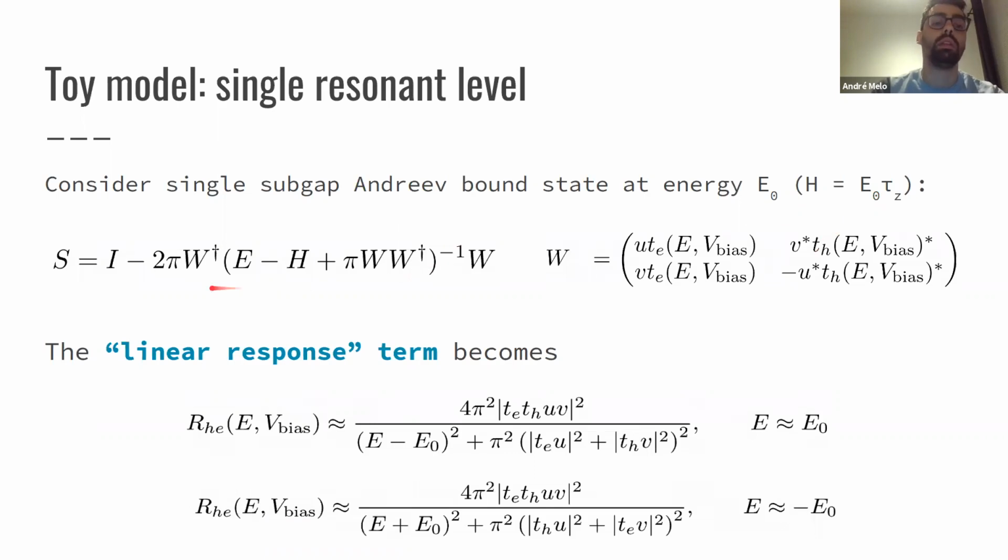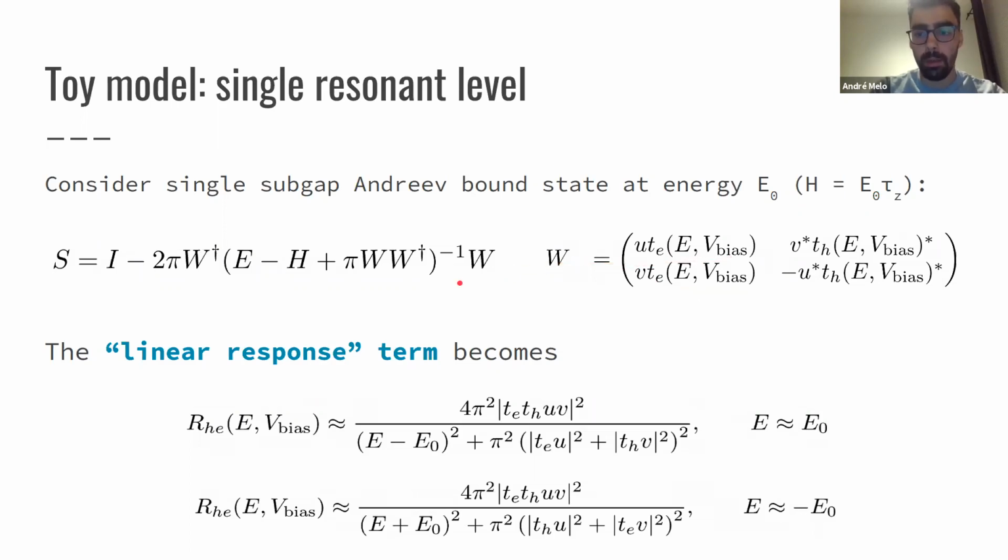It depends on the energy, the Hamiltonian of the system we're tunneling into, and on some matrix W. W is a matrix that parameterizes the coupling of the lead modes to the bound state. The matrix has this form, and we let these couplings depend on both the energy and the bias voltage.